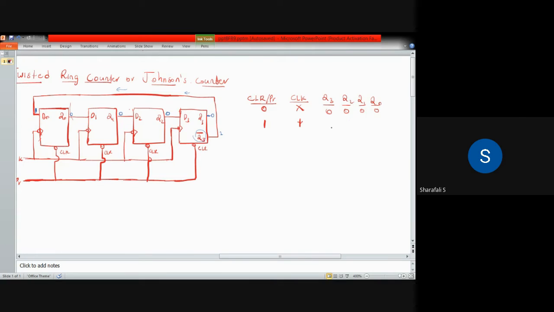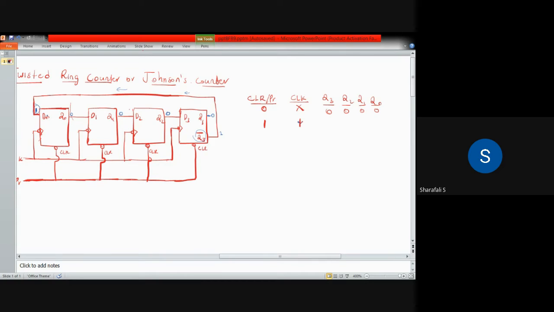So initially all of these Q3, Q2, Q1, Q0 are zeros. For the first clock pulse, first negative edge, this Q0 will become 1 because we are having 1 here, and that is the input of this first flip-flop. That will be shifted to this Q0, the output of the first flip-flop. As you know, this D flip-flop will be having the same output as the input.